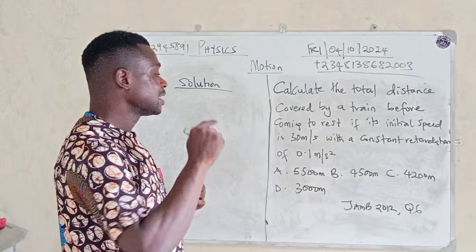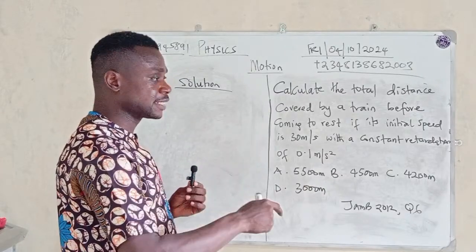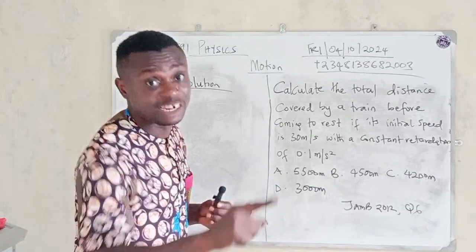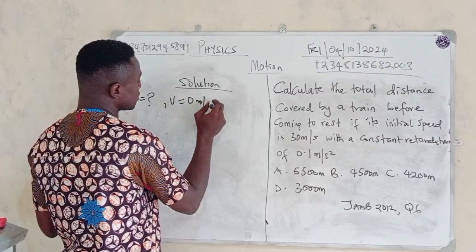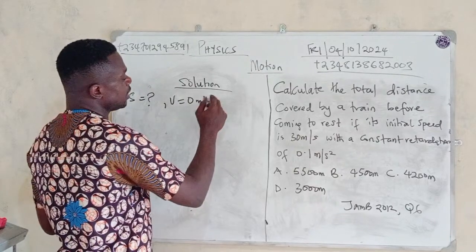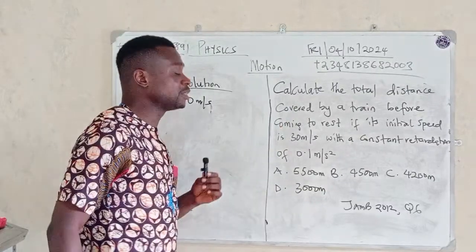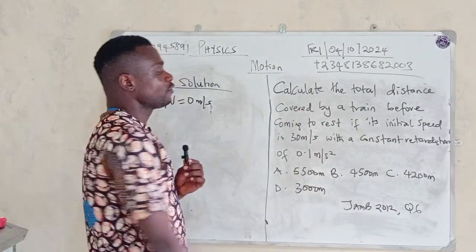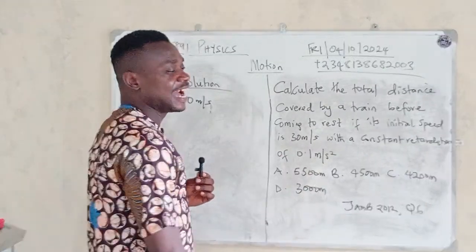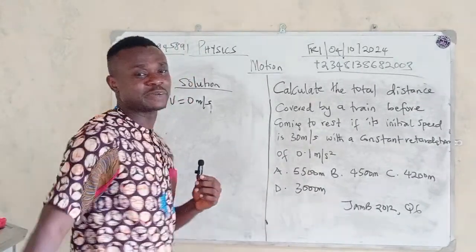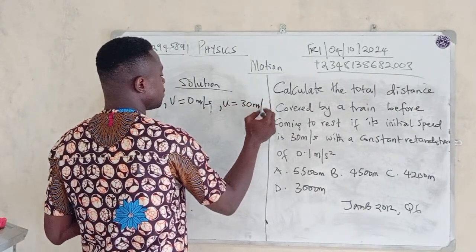The train came to rest, so for it to rest, the final velocity V is 0 meters per second. For it to have a final speed of 0, there must be an initial speed, and that initial speed is 30 meters per second. So U is 30 meters per second.